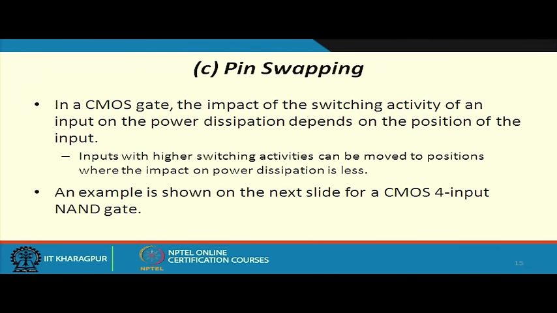There is a technique called pin swapping. This is an interesting thing. So far we have not considered this at all. What I am saying is something like this. Take a multi input gate. Suppose I have a 4 input NAND gate.